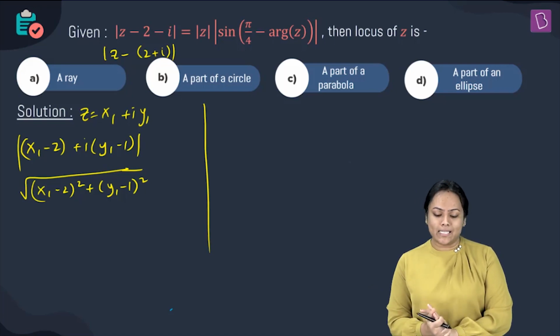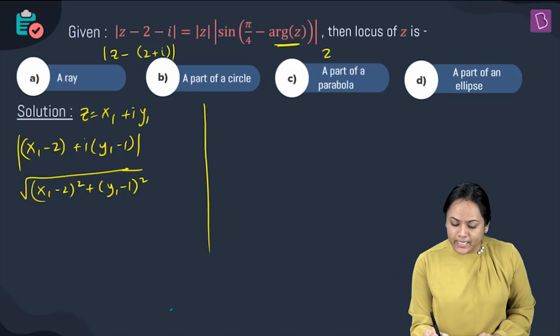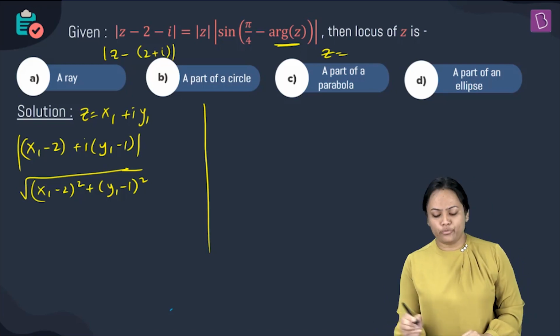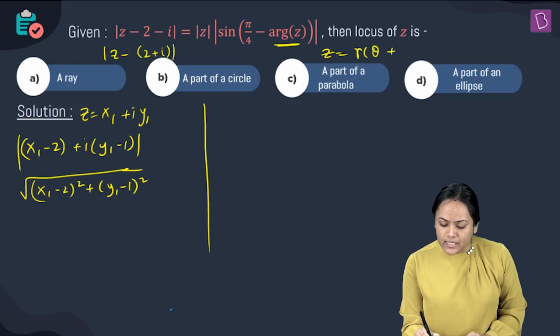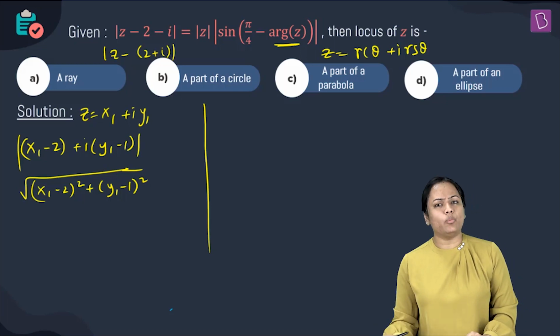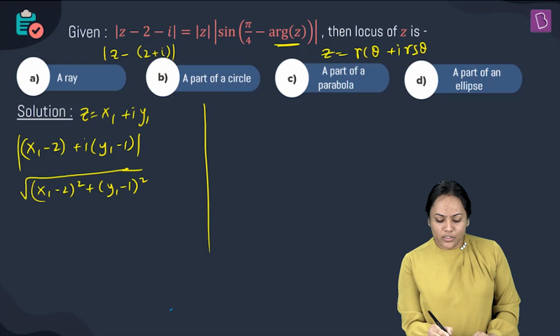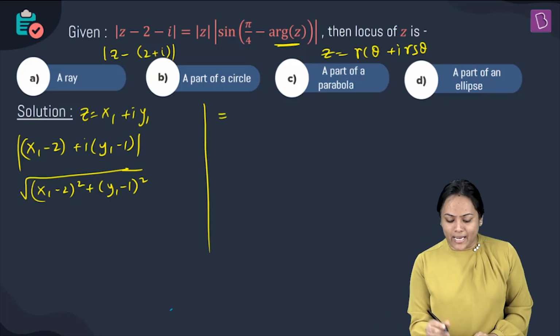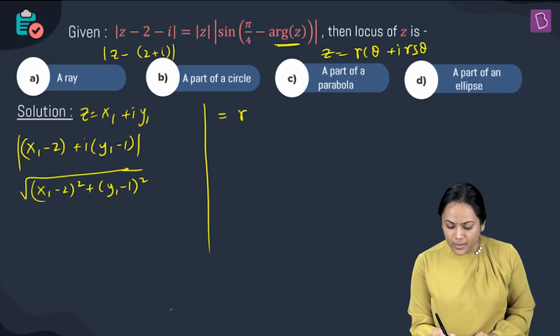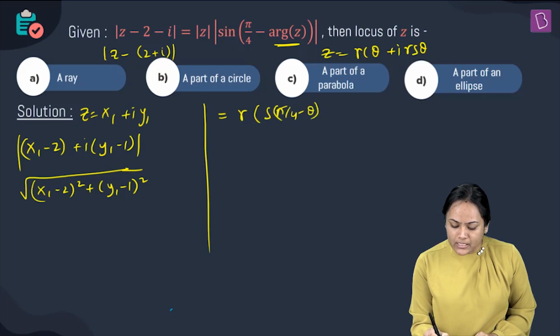Coming to my right hand side, let's take z in polar form. It's r cos theta plus i r sin theta. We know the modulus is r while the argument is theta. So my right hand side becomes r multiplied by modulus of sine of (pi by 4 minus theta).